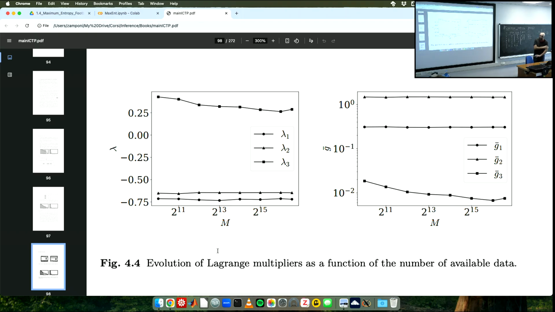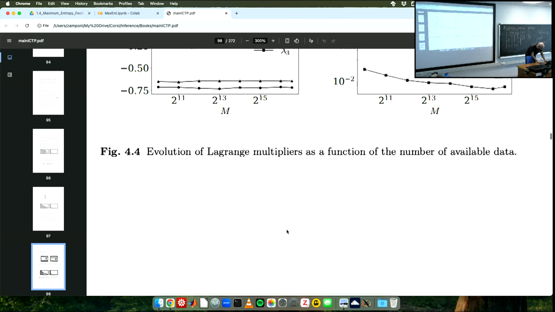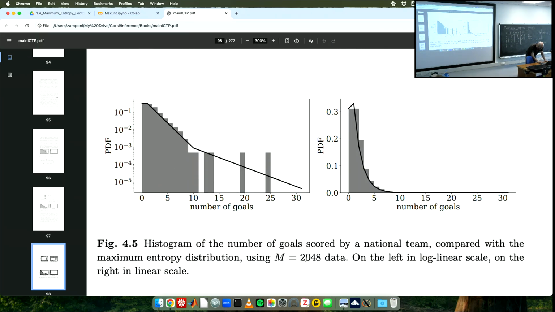It depends on your model, but if you choose a reasonable model and if you're lucky that the model is a good model for your situation, then even with very few data, you can get decent estimates. Just to give you an idea, this is what you would get with 2,000 data. If you do a histogram, the tail is impossible to guess from this, right?